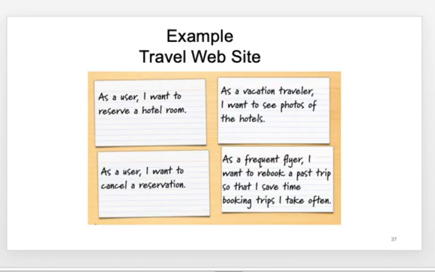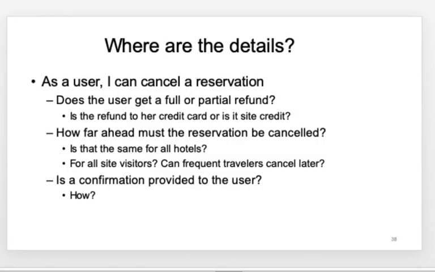So a simple example is given. As a user, I want to reserve a hotel room. As a user, I want to cancel a reservation, and so on. Could be some of the user stories that you could probably write. So where are the details? As a user, I can cancel a reservation. So if I cancel, will I get a full refund? Will I get a partial refund? Will the refund go into my credit card, or is it going to be a site credit?